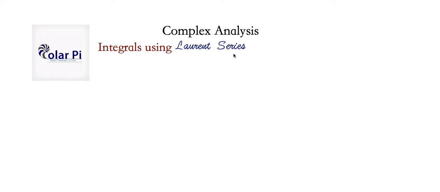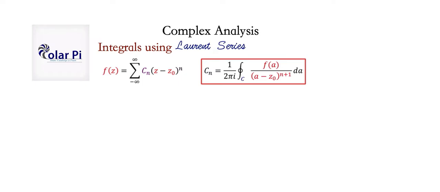Now, as it says, we're going to do integrals using Laurent series. In this video, we're going to see what Laurent series have to do with complex integration. It's not hard to see, because this is the Laurent series defined on an annulus, and we saw in the intro video that the coefficients, the c sub n's, end up being this right hand side, which is an integral.